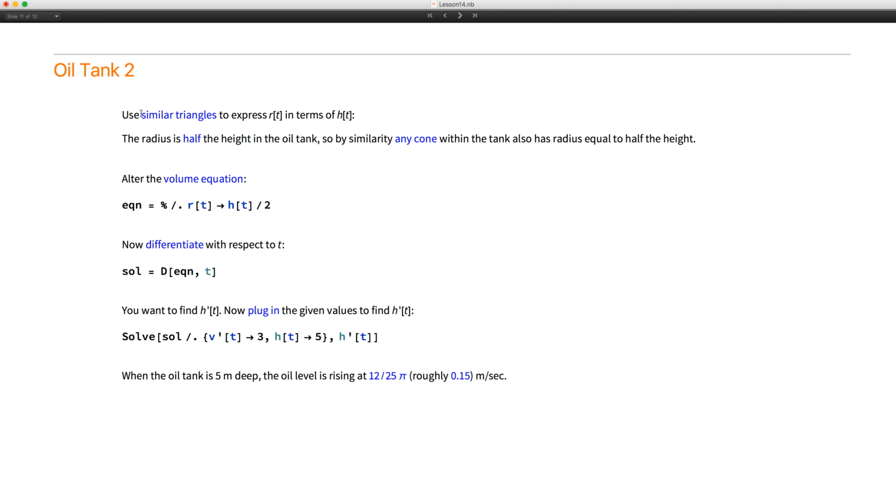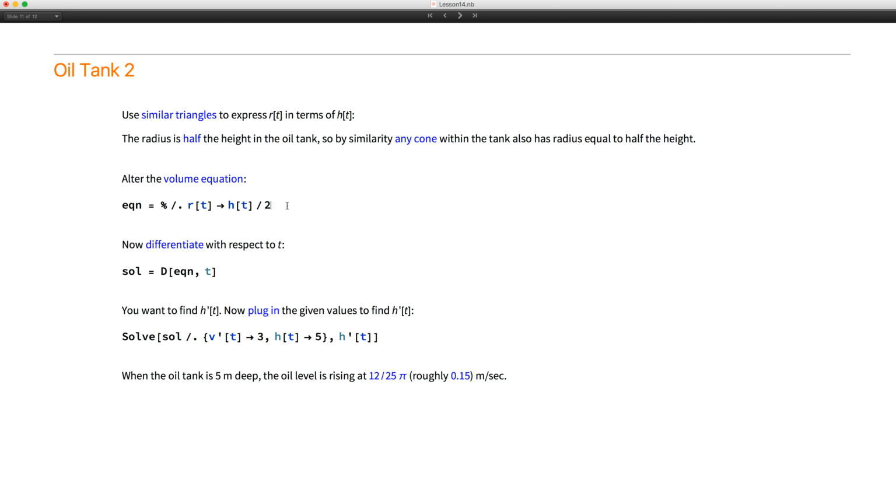So you recall that when you study similar triangles, then you could find a relationship between the radius and the height. So in this case, the radius is going to be half the height in the oil tank, because by similarity, any cone within the tank has radius equal to half the height because you have the initial ones in the same ratio.